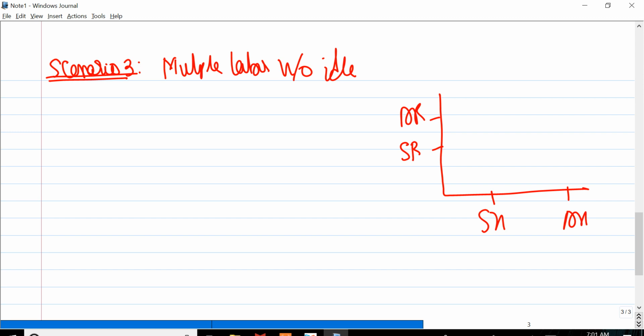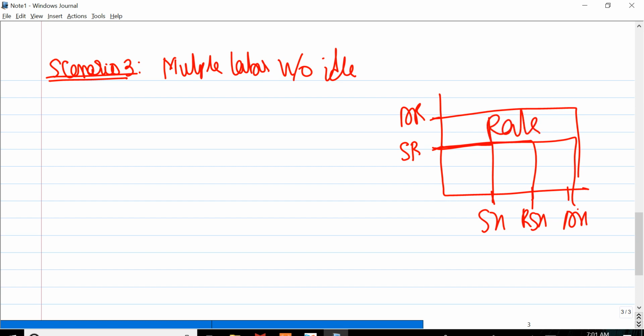This is what we had in the first scenario. When it's multiple labor, in between RSH will come. Broadly the same thing: SR into SH, SR into RSH, SR into AH, AR into AH, rate, efficiency put together, yield, mix.